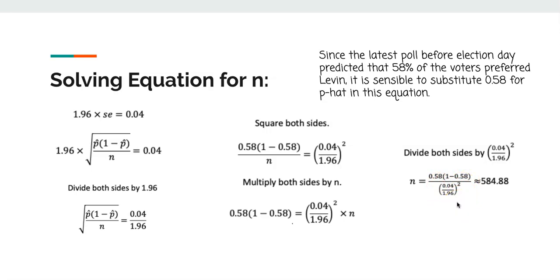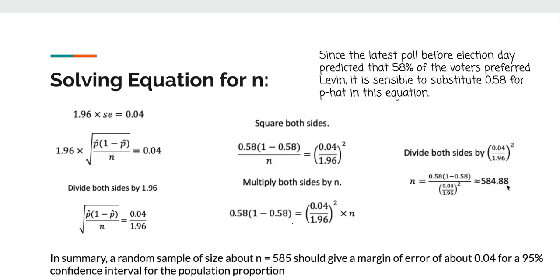If you put that in your calculator, you will get 584.88. Now, you cannot sample a decimal number of people. So to guarantee this, we're going to round up. Let's take a random sample of size about n equals 585 people, and that should give a margin of error of about 0.04 for a 95% confidence interval for the population proportion.